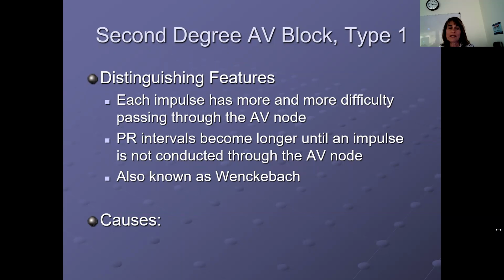The second one is drug toxicity, and drugs that can become toxic and cause second degree type 1 are digoxin, calcium channel blockers, and beta blockers. Okay, and then the third cause is electrolyte imbalance, specifically potassium.